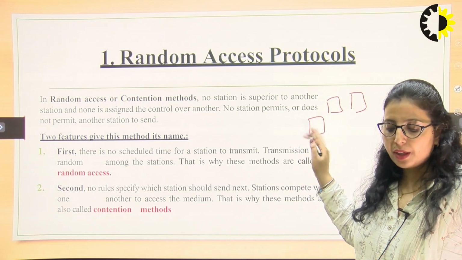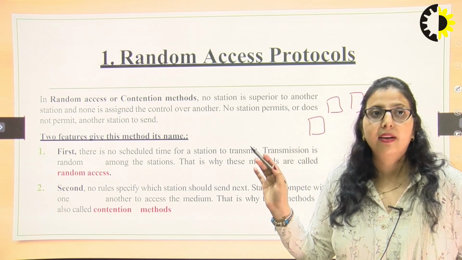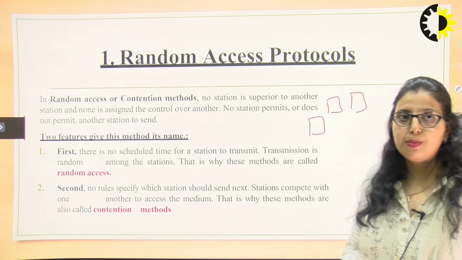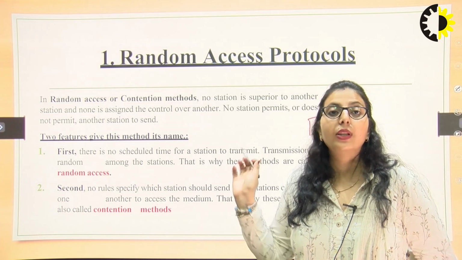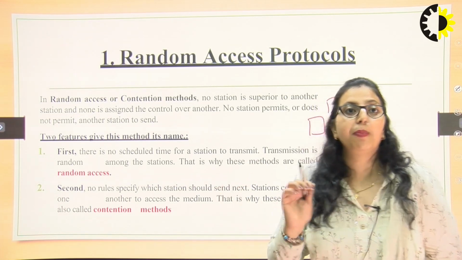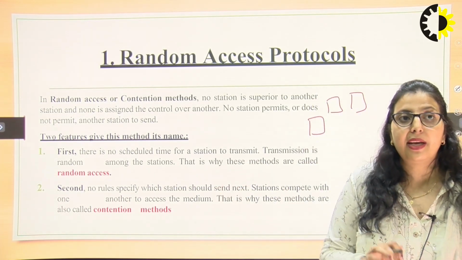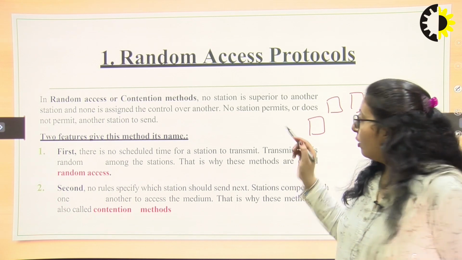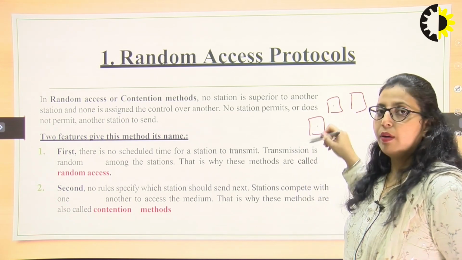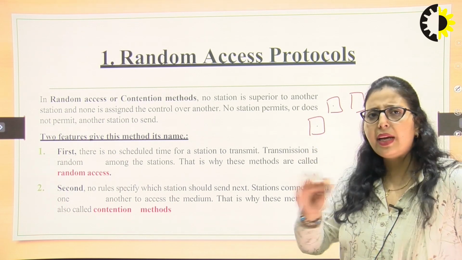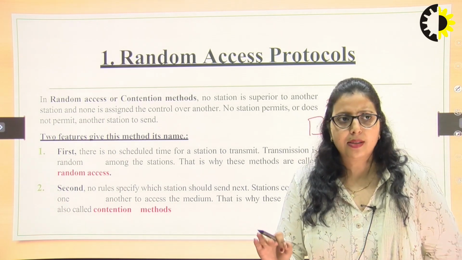There is no administrator during this transmission. So no one is assigned the control, meaning no one controls this transmission. No station permits or does not permit any other station. None of these stations has the right to say you send the data, or first I will send the data. Everyone has all kinds of rights, right?